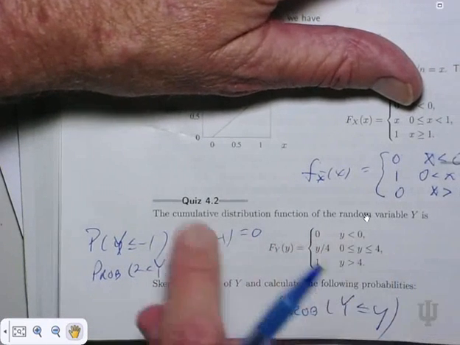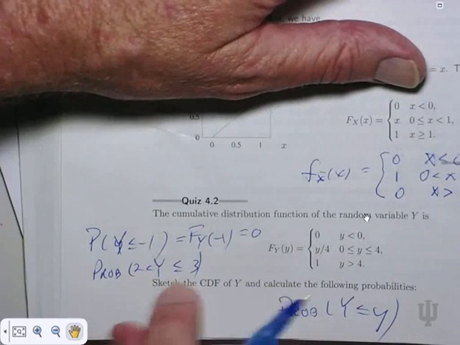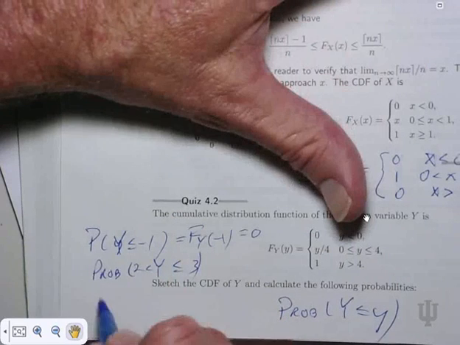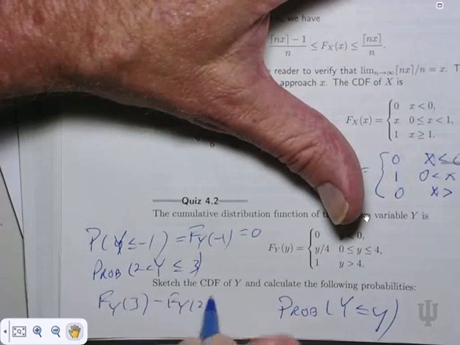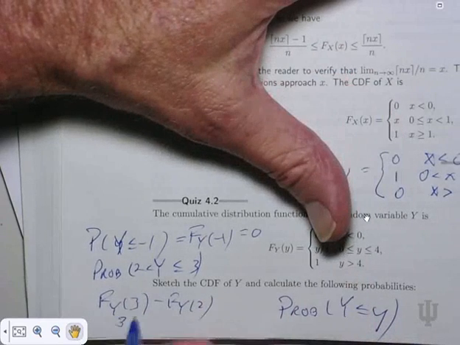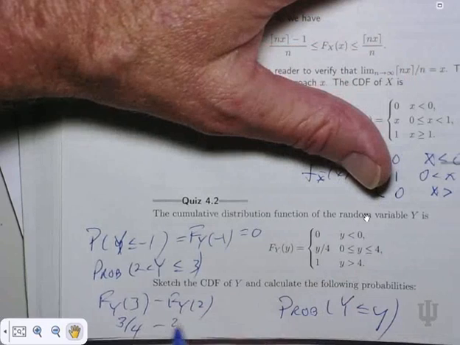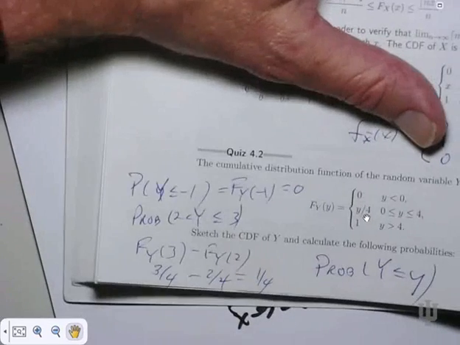The next thing is the difference of capital F's, which is exactly the formula you want to apply here. This is simply F_Y(3) minus F_Y(2). So F_Y(3) is 3/4, and F_Y(2) is 2/4, and so we get 1/4.